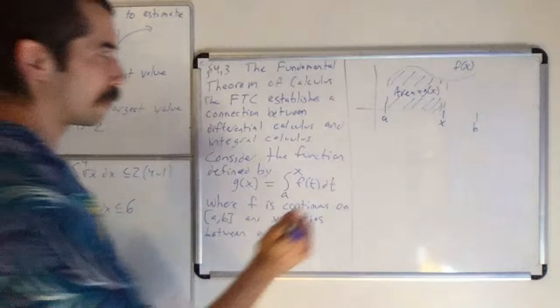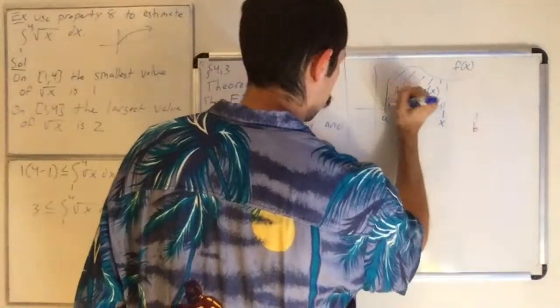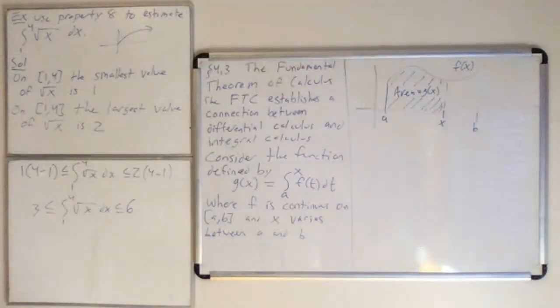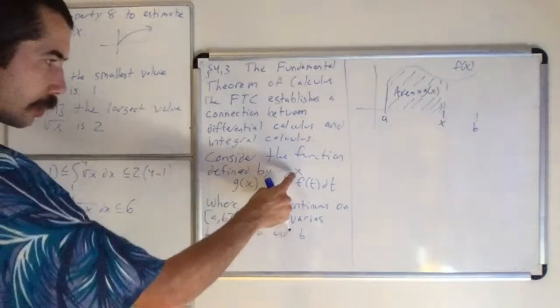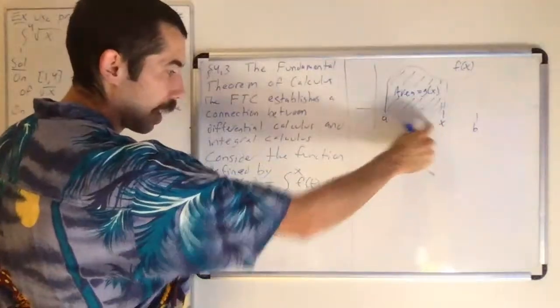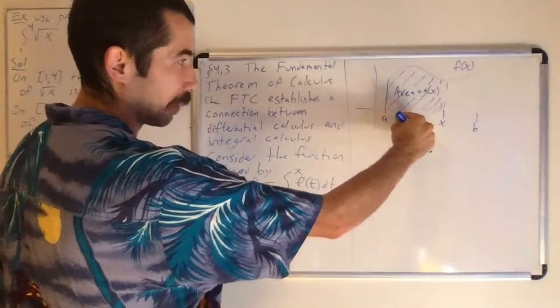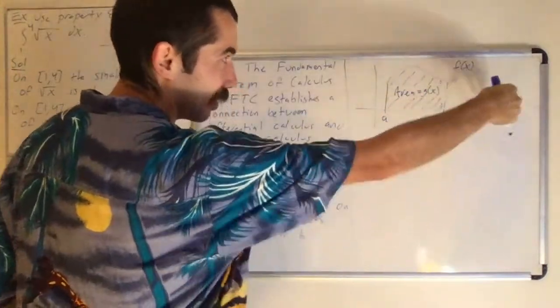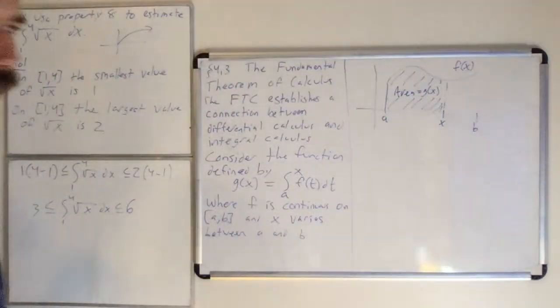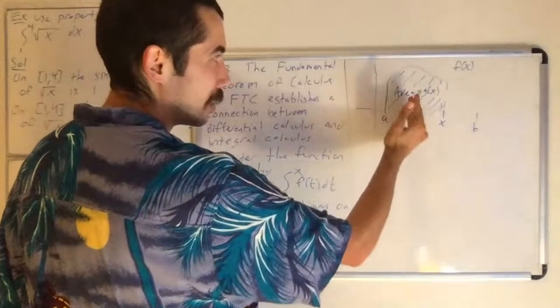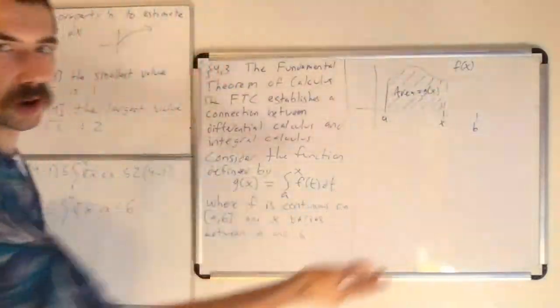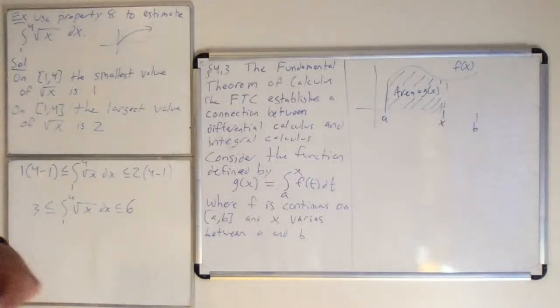So if we let x equal a, it would be 0. There'd be no area under the curve. But if we let x equal b, it'd be the area under the entire curve. We're going to let x vary, and it tells us how much area there is so far. So we could think of g as the net area so far function.